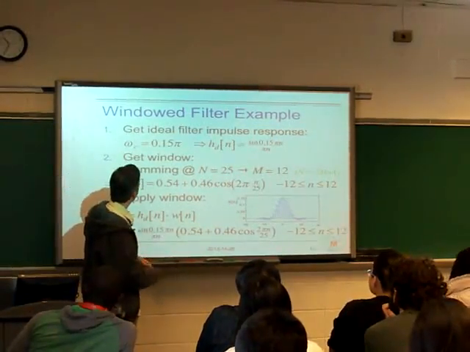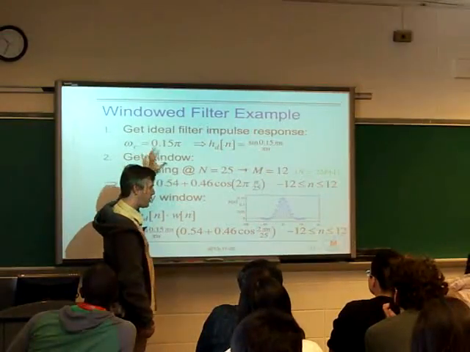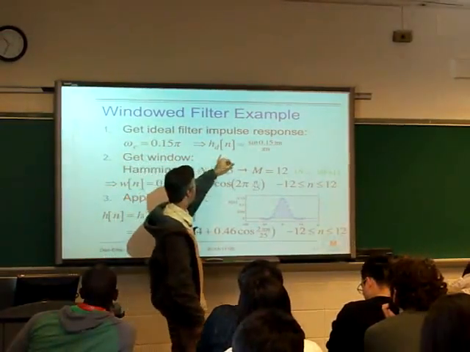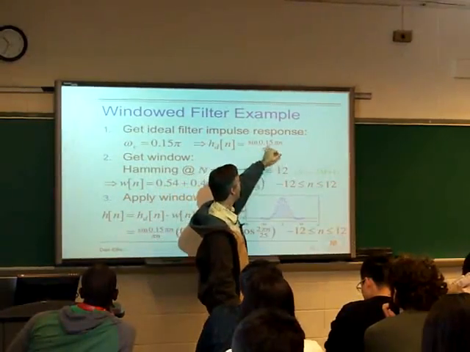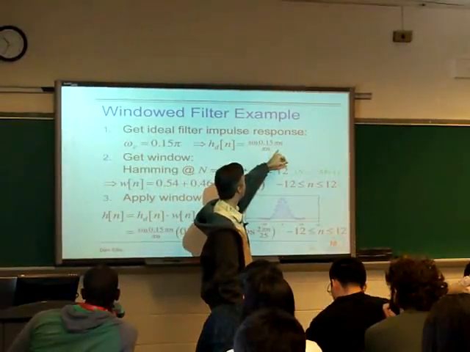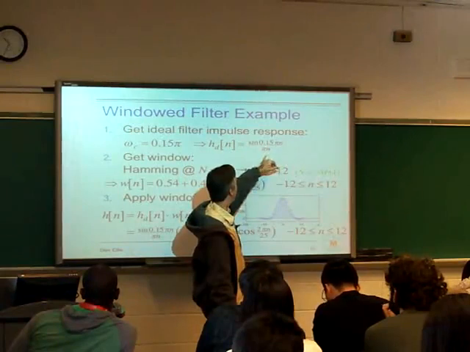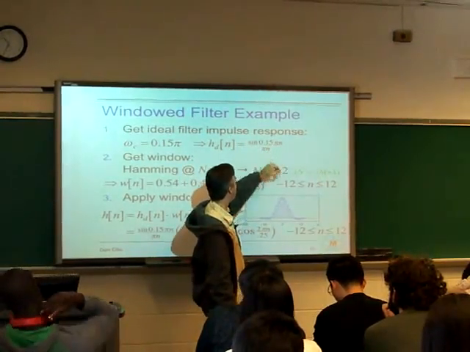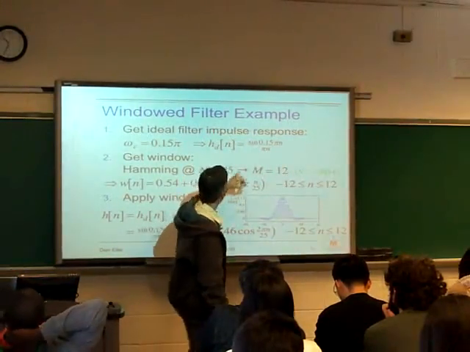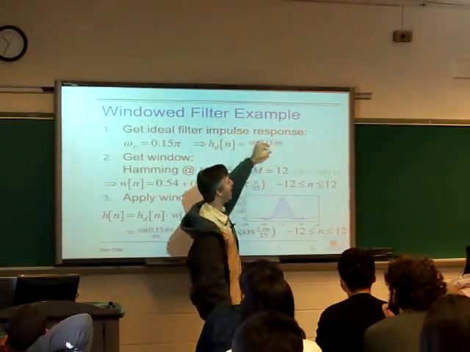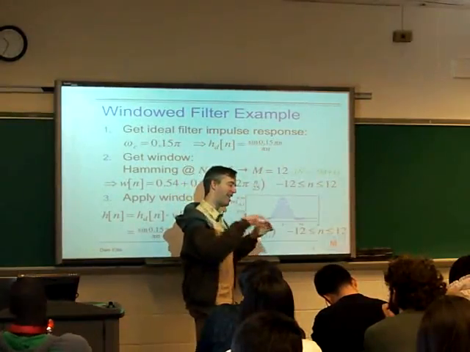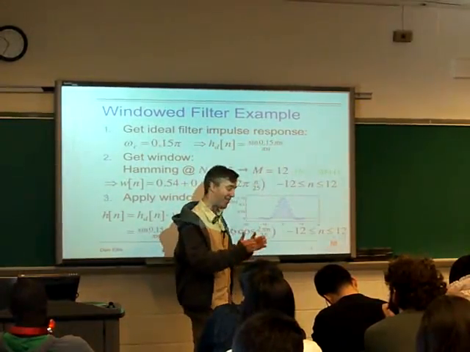Okay, so now what we really want is a 0.15 pi radians per sample ideal low-pass filter windowed by this tapered window. We saw before that for this ideal brick wall filter, the ideal impulse response is sin(omega_0 n) divided by pi n. In this case, sin(0.15 pi n) divided by pi n. Now we've got two cases of transforming a rectangular function.